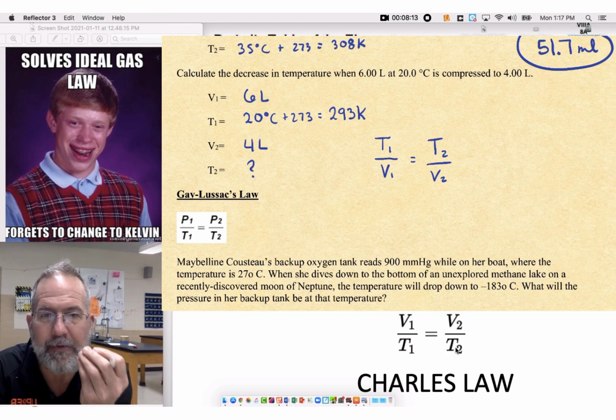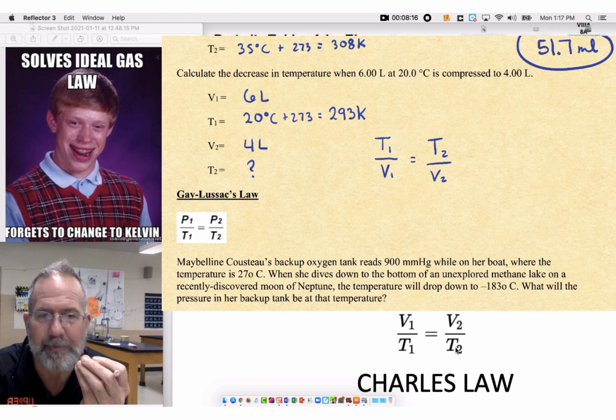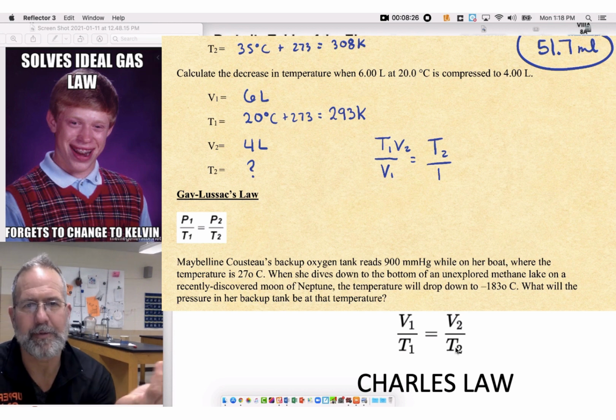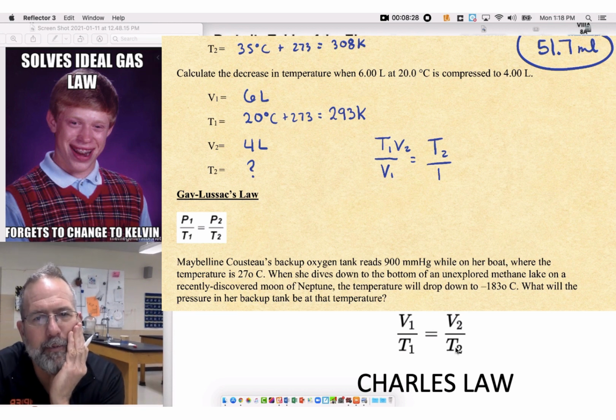Now by doing this, it's going to simplify my algebra. Now I want to get T2 by itself. So what am I going to do? I'm going to lasso my V2 and move it up. And I can put a 1 down here if you want. It depends on what kind of person you are. Now I have it set up in the correct form.